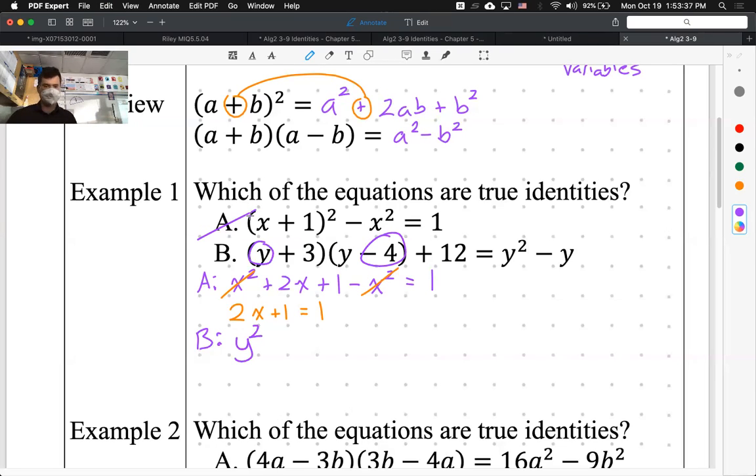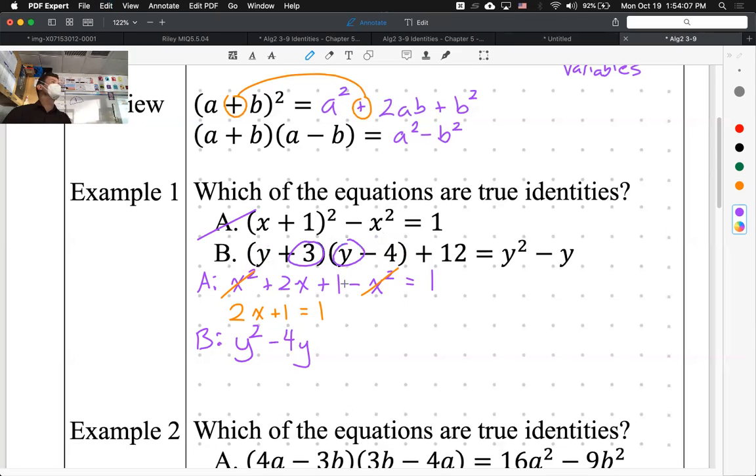What's y times -4? I'm doing the outers. Multiply. What is -4 times y? -4y. Keep going. Good job. Next person. I just did first, then outer, then I'm going to do inner.